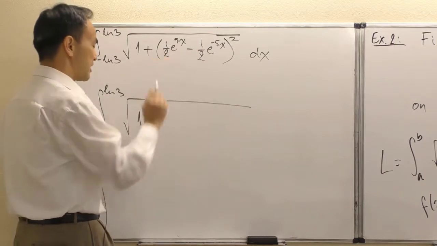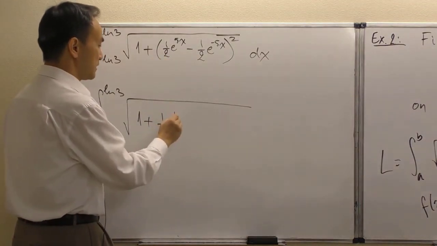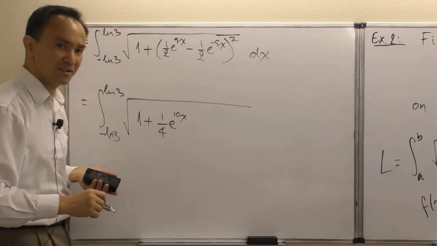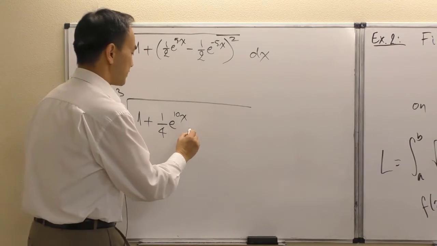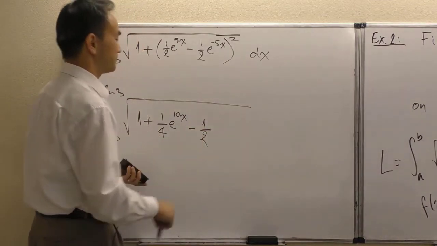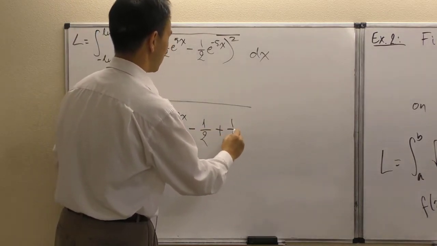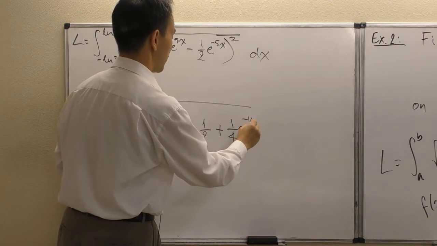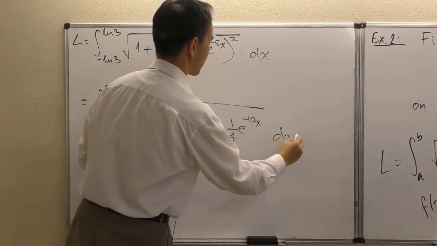So the first term here gives me 1/4 times e to the 10x. Okay, and you can algebraically double check me on that. And then minus, and then here we're looking at just 1/2. And then plus a 1/4 times e to the negative 10x, with a dx.